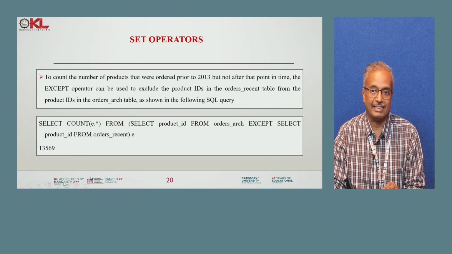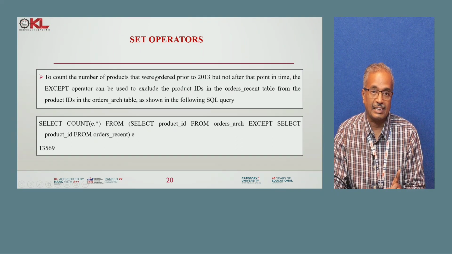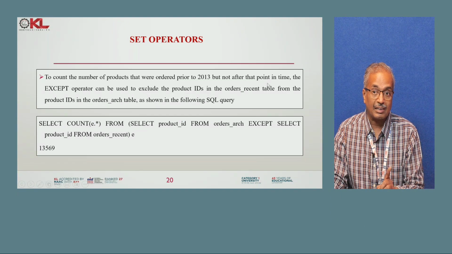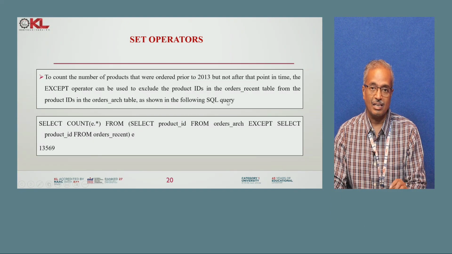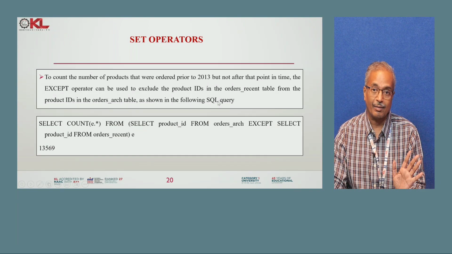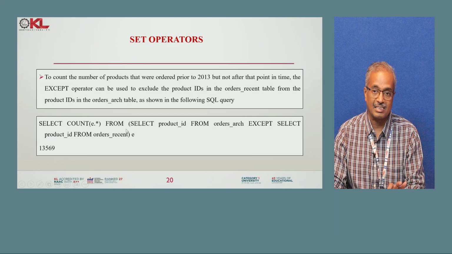Here you are seeing ordered prior to 2013 only, but not after that point in time. The meaning of that is after 2013 we do not require the data, only the 2013 data is required.